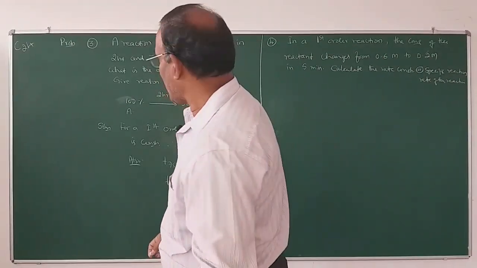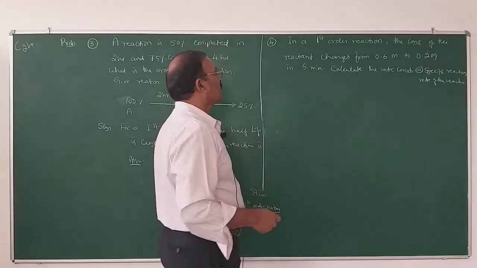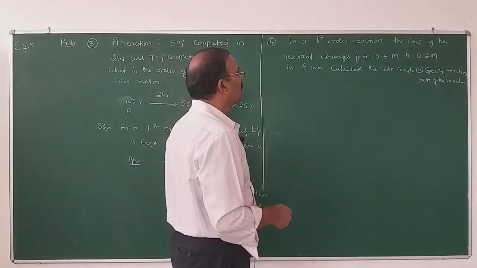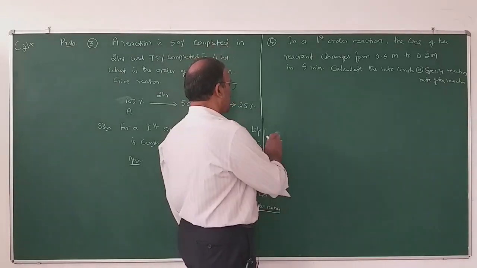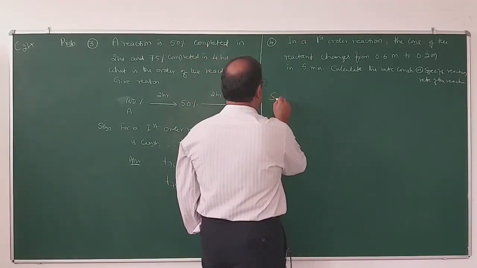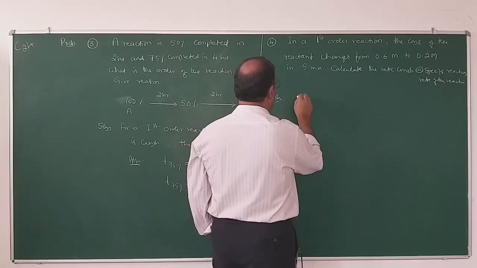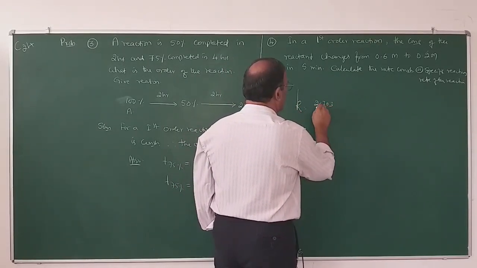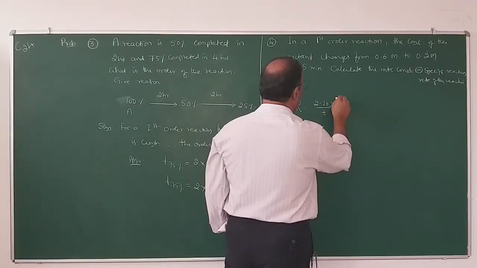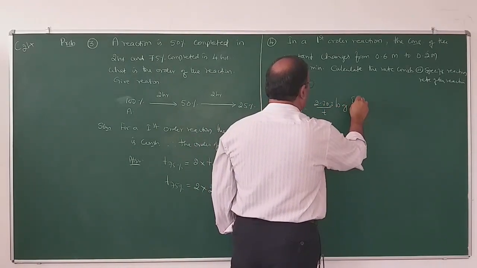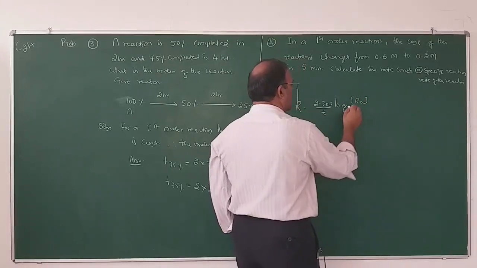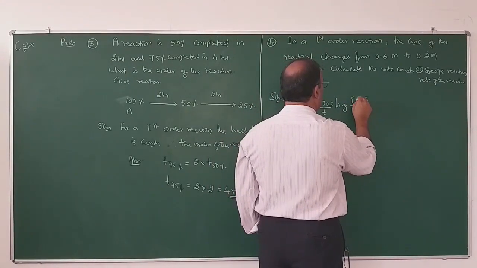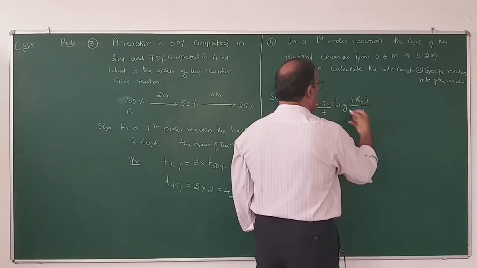So, in the problem it is given that the order of the reaction is 1. It is a first order reaction. So, we have to calculate the rate constant. What is the expression for the rate constant of a first order reaction? K equals 2.303 divided by t, log of [R0] divided by [R].